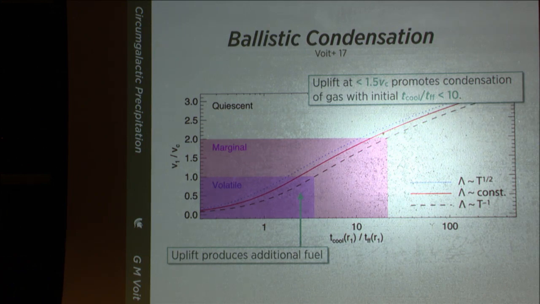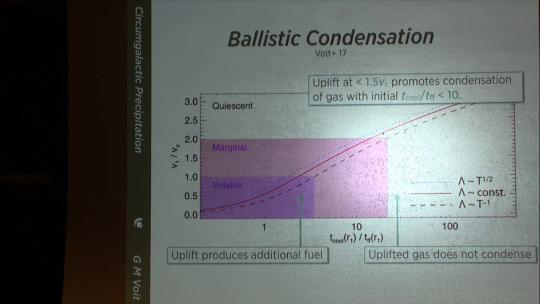But if that process gradually adds heat to the system, you're going to raise the cooling time. And if it gets up here, even if you uplift now 2 times the circular velocity, which is chosen because it's hard to get thermally driven outflows that go out faster than that, once you get above 20, it's very difficult for uplift to now cause the gas to condense.